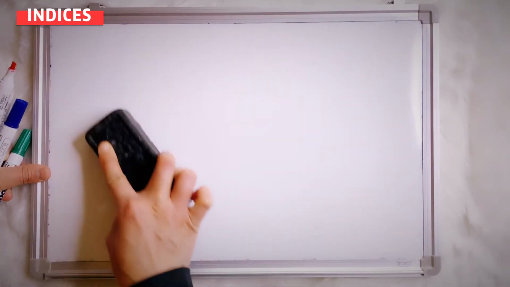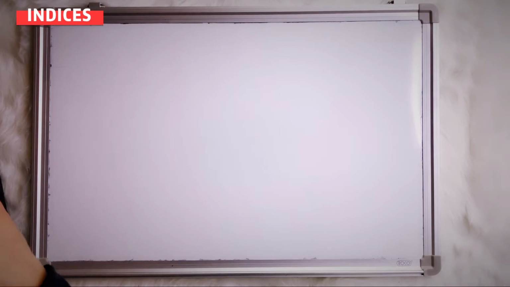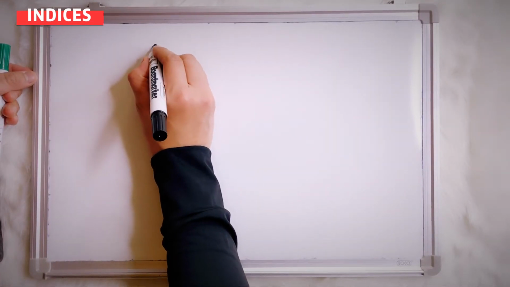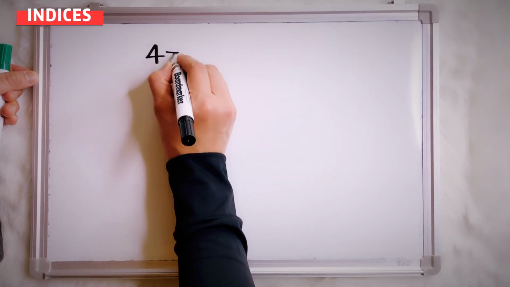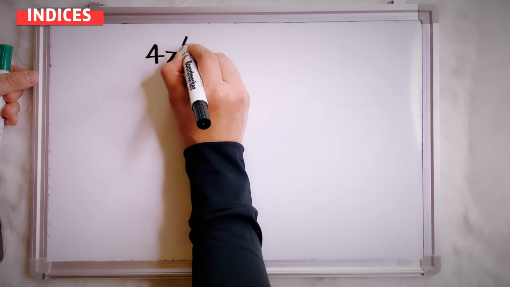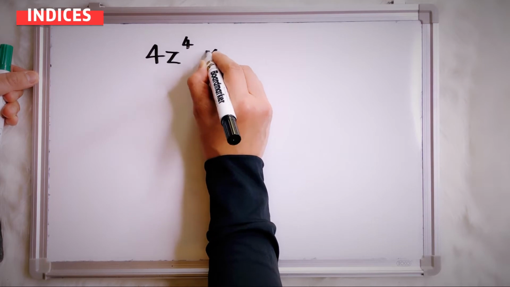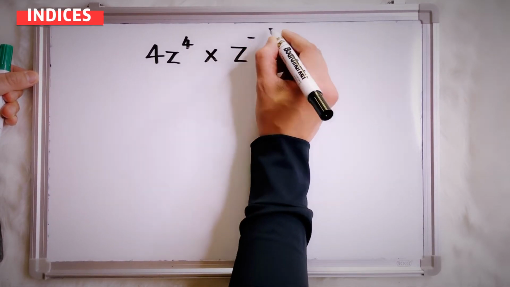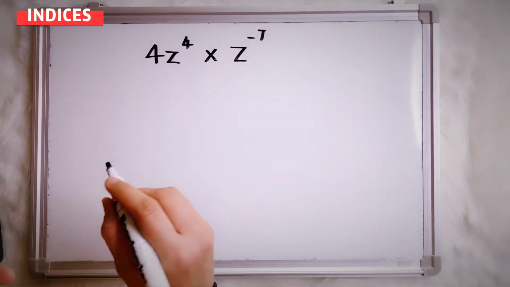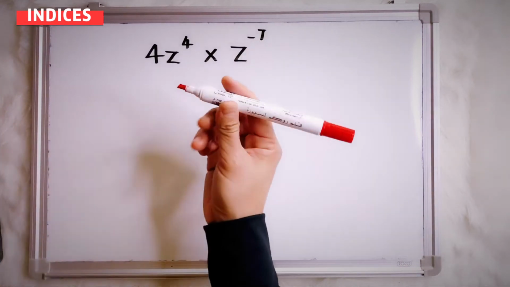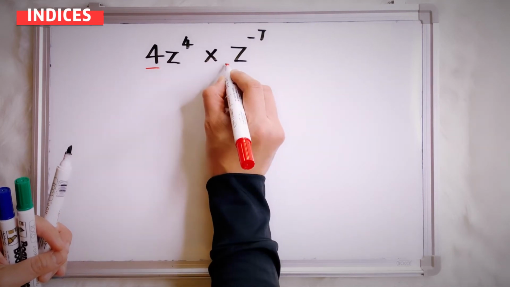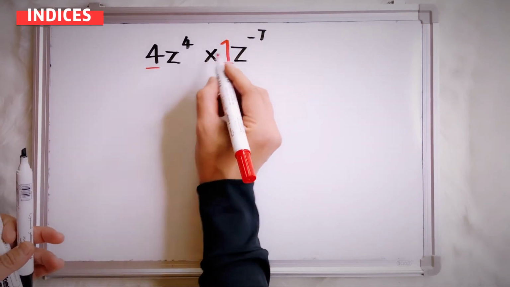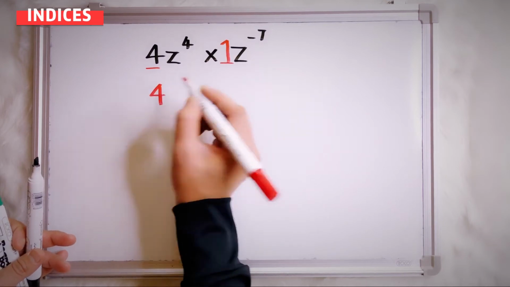Okay, now let's say I give you 4x. No, we put 4z. Alright, okay, 4z power of 4, you multiply with z power of negative 7. Now number 4, here means 1. So 4 times 1 means 4.